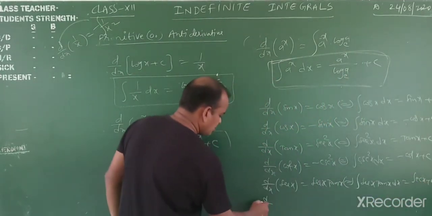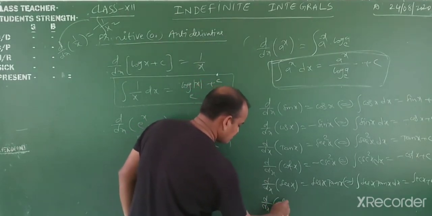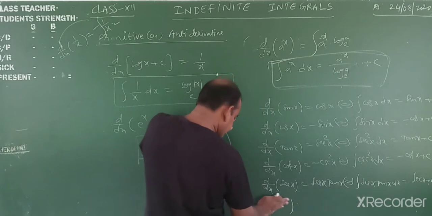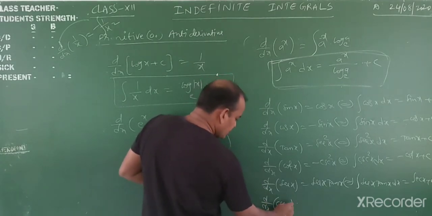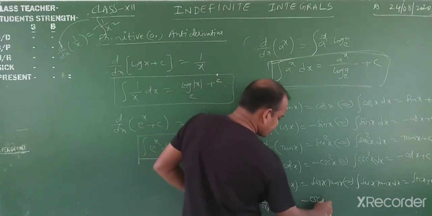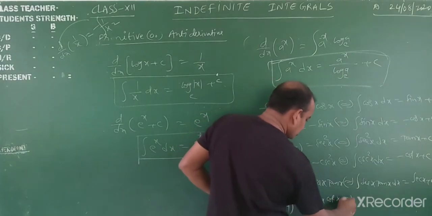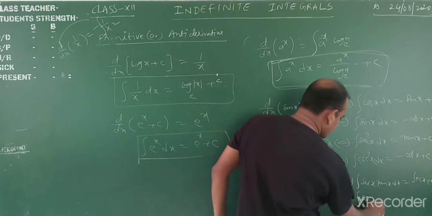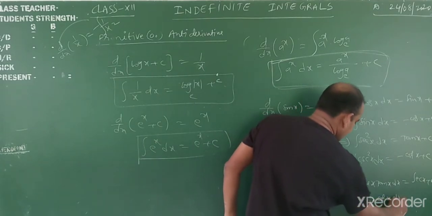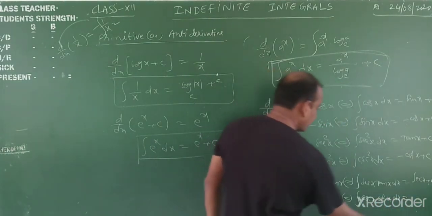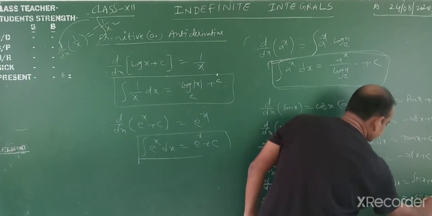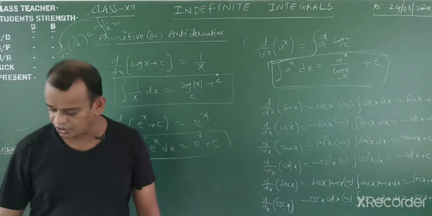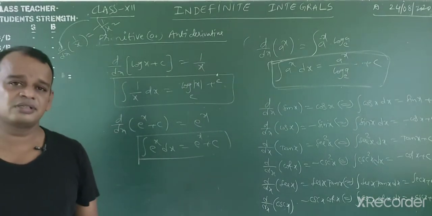Now the derivative of cosecant x is minus cosecant x cot x. So the integral of cosecant x into cot x dx is equal to minus cosecant x plus c. Okay, my dear students, in this way you learn the formulas.